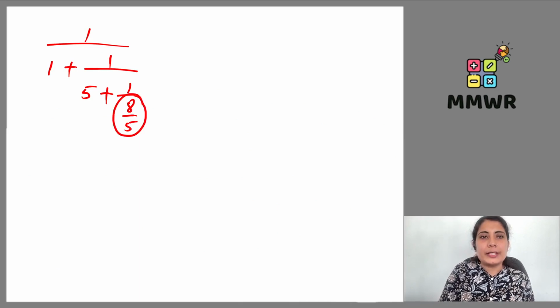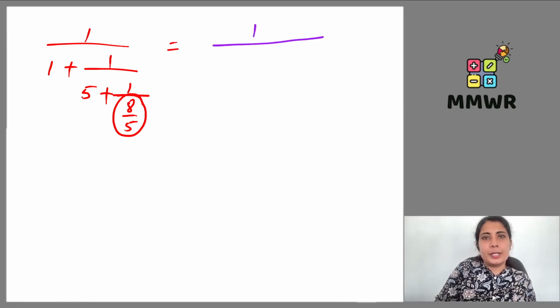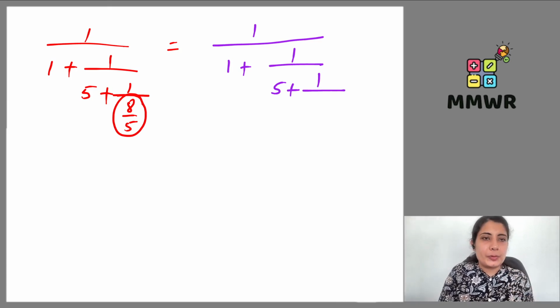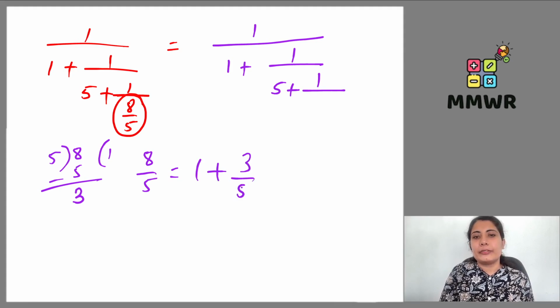Now if I divide this 8 by 5, 5 ones are 5, remainder is 3. So 8 upon 5 I can write as 1 plus 3 upon 5.